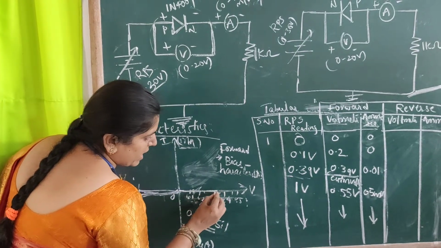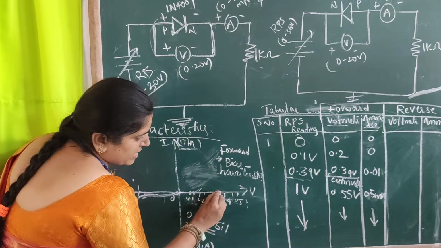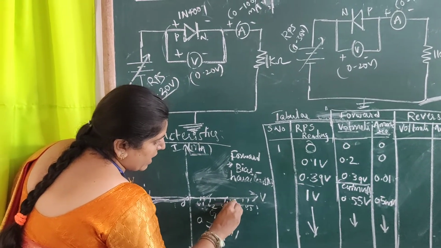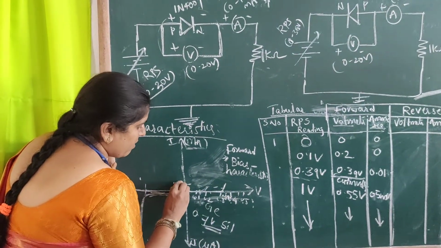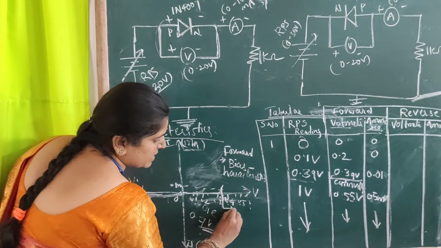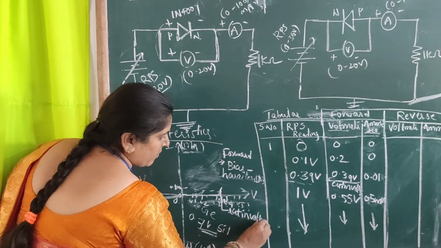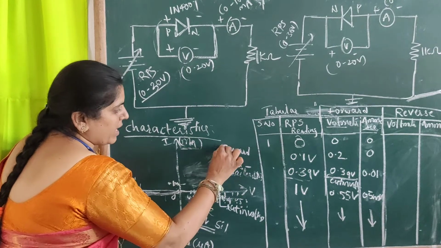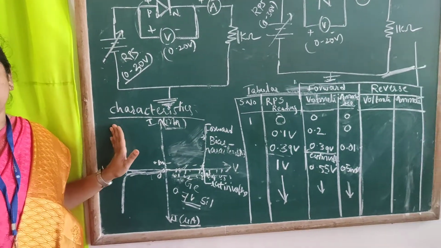Up to 0.39 volts the current is 0. When it reaches 0.39 volts, it conducts slowly. This is called the cut-in voltage. Again you have to increase the voltmeter reading and we can get the graph like this. This is the forward bias characteristics.